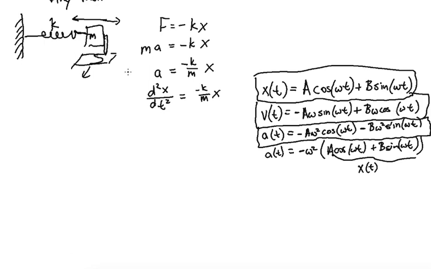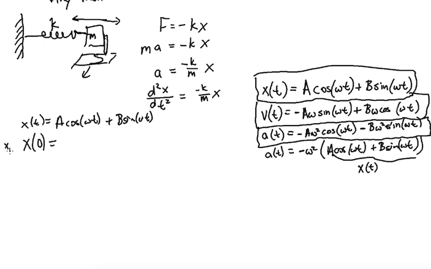It's a maximum. So if we look at this equation here, we need x of 0. Let me write the whole equation. x of t equals A cosine omega t plus B sine omega t. So at t equals 0, this has to equal just the amplitude, the x max.